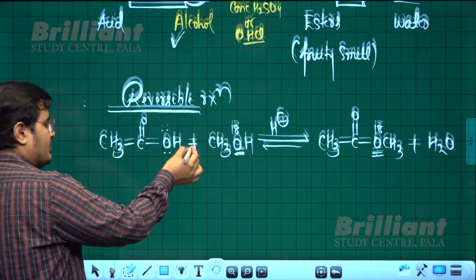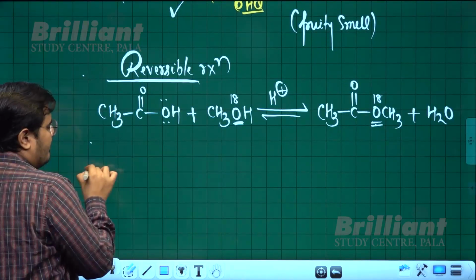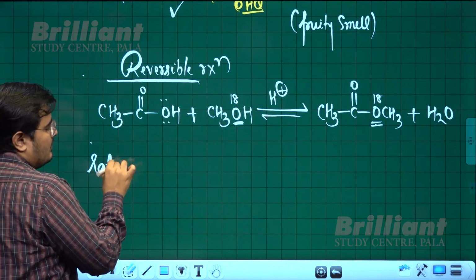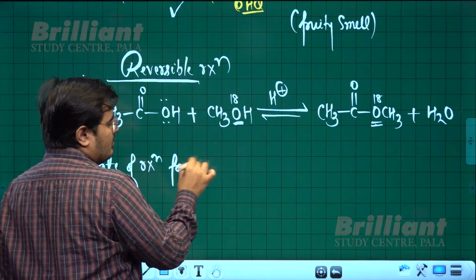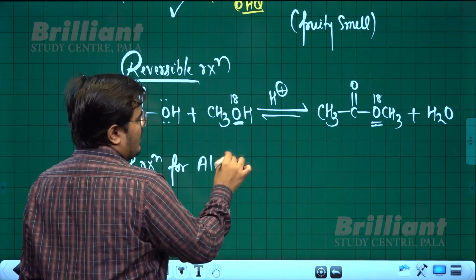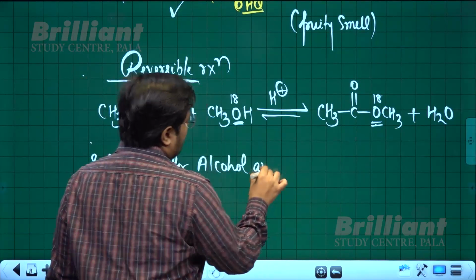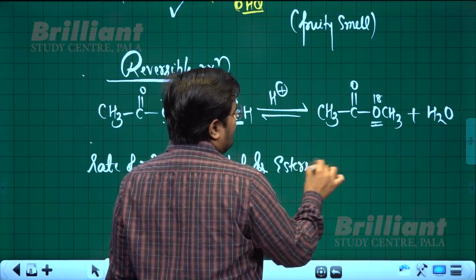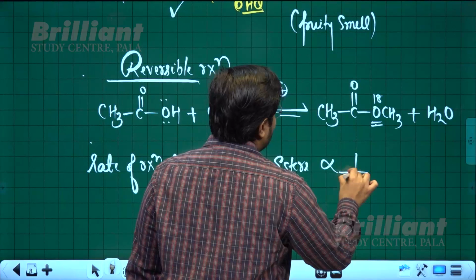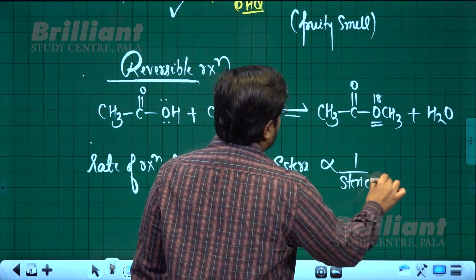One more thing that you can see here is the rate of reaction for alcohol as well as esters will be inversely proportional to the steric crowding.